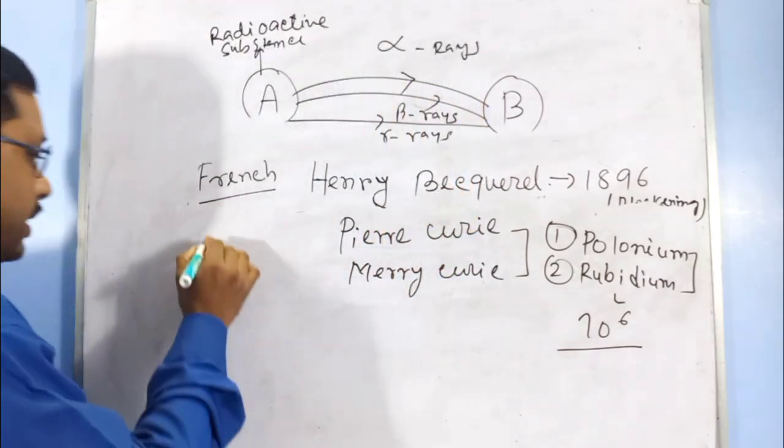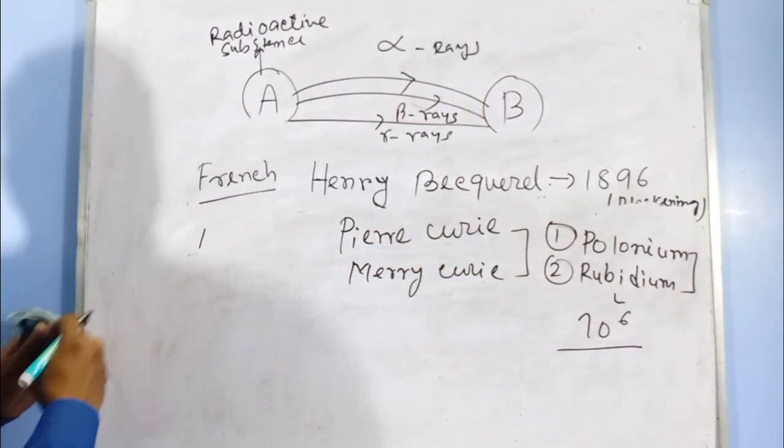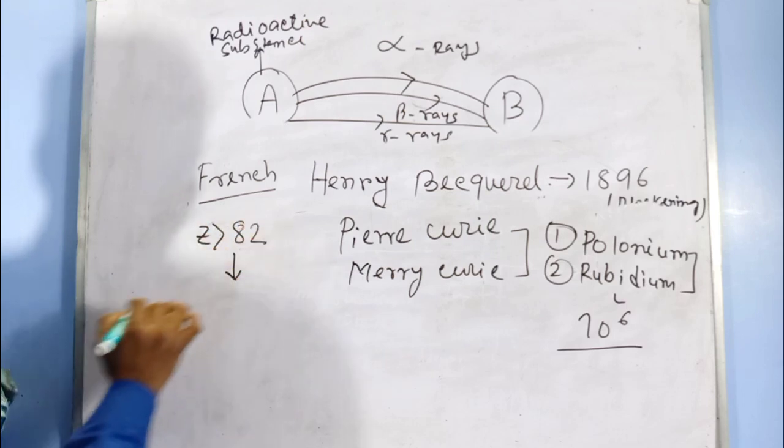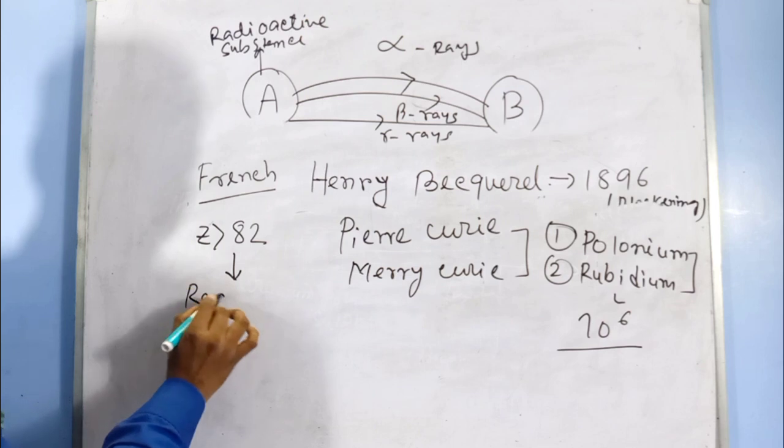In general, if the proton number or atomic number is greater than 82, then all the elements are radioactive.